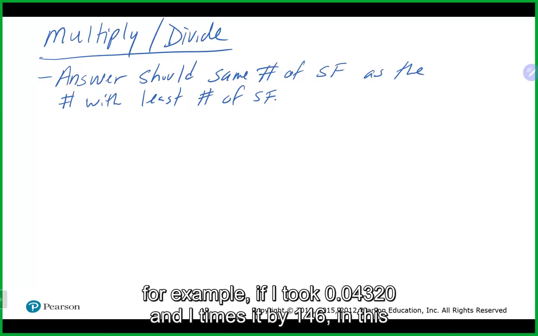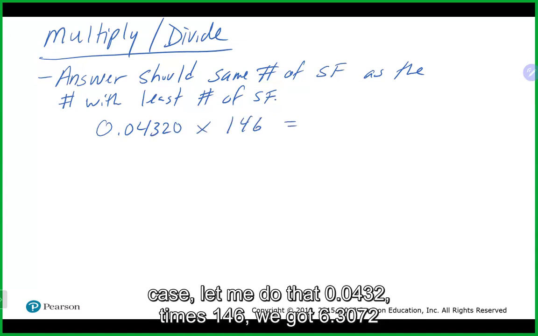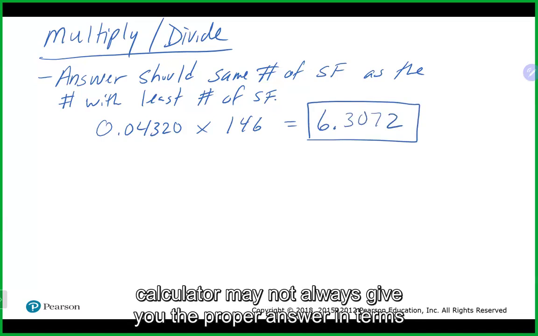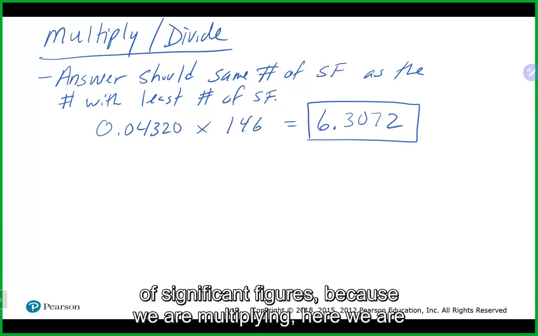So for example, if I took 0.0432 and I times it by 146, let me do that. 0.0432 times 146. We got 6.3072. This is what my calculator spits out to me. Remember, the calculator may not always give you the proper answer in terms of significant figures.